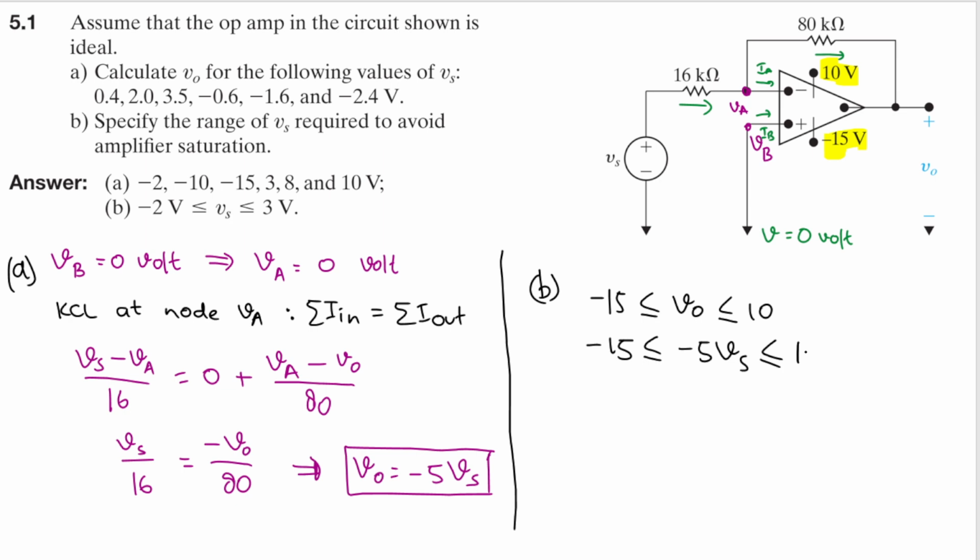So we will have 3 here, but then the sign will be flipped, and this will be Vs, and that will be minus 2. Or to make things tidier, minus 2 is less than or equal to Vs, which is less than or equal to 3, which is the answer for problem B.